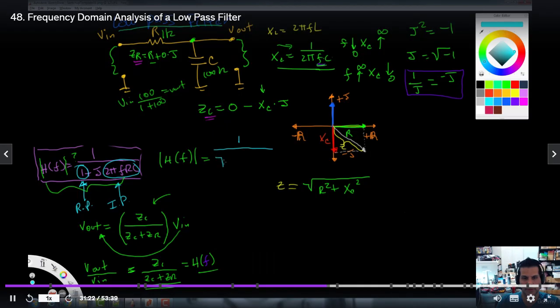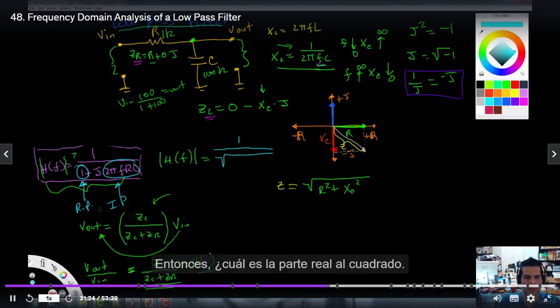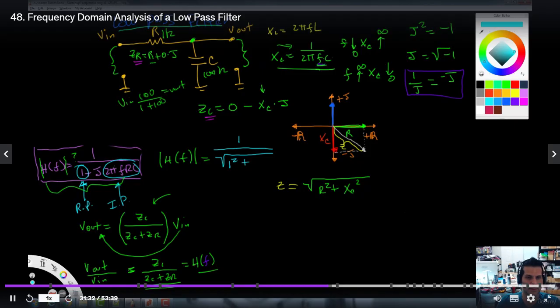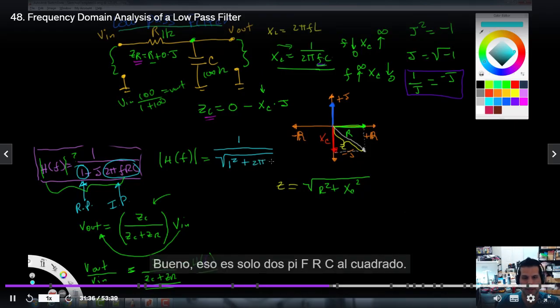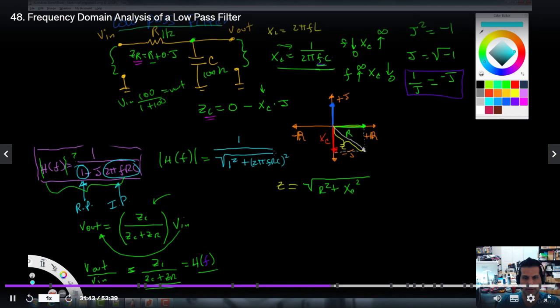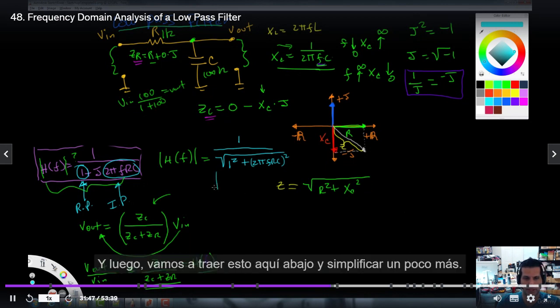So here we go. What is the real part squared? That's just 1 squared. And the imaginary part squared is 2 pi f R C, squared. Then let's bring this down and simplify.